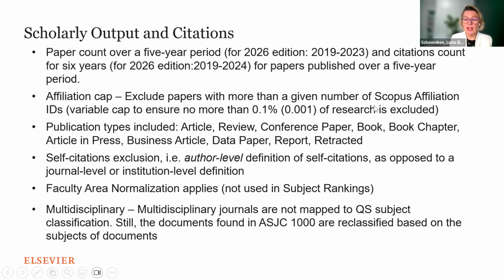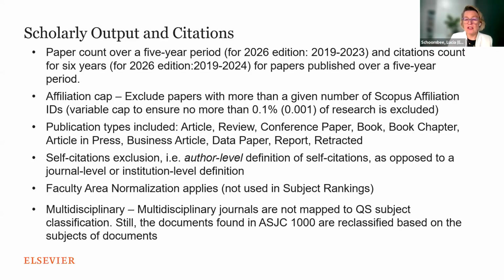And what they do is they cap the number of authors by subject area. So they say some subject areas have more proclivity to have more international collaboration or to have more authors in them. So there's a variable cap that they use. So this is described in their methodology.